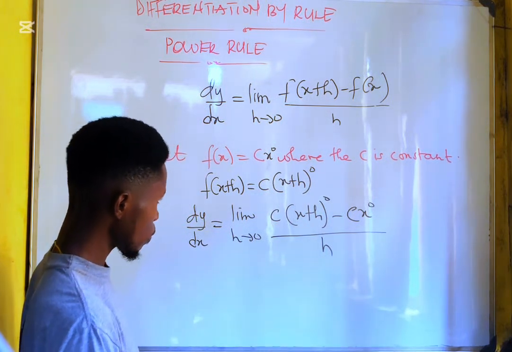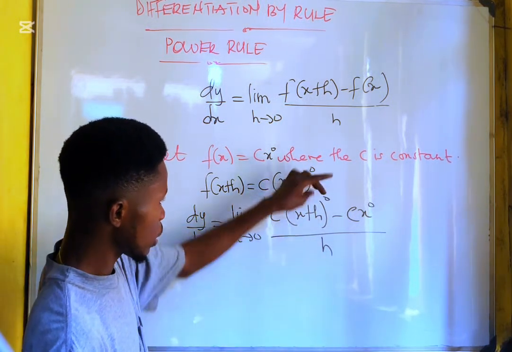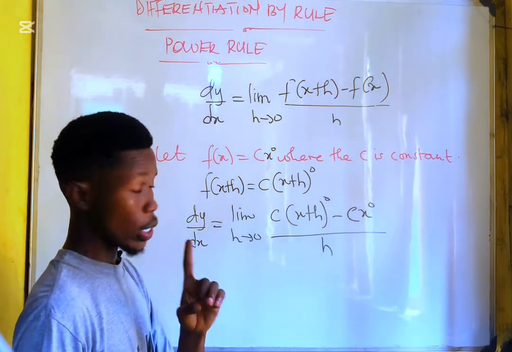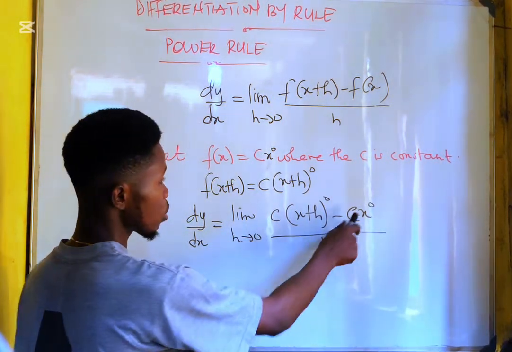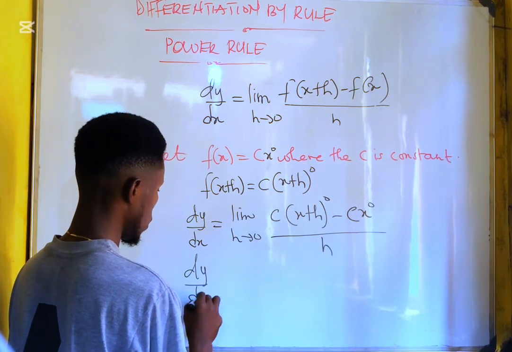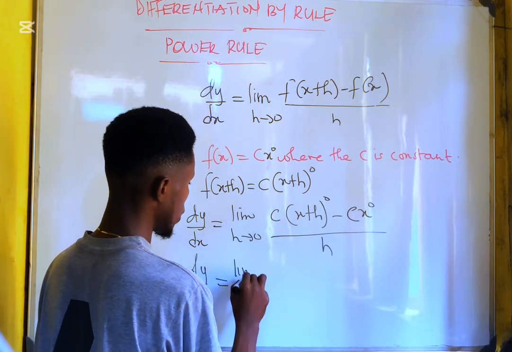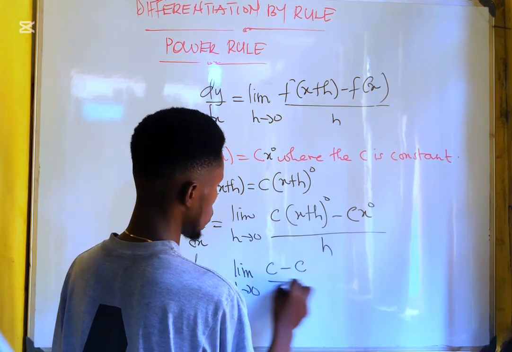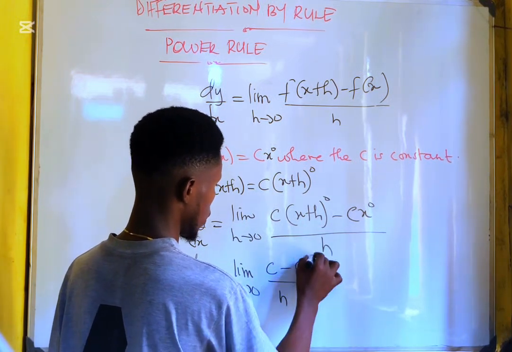Now, x plus h to the power 0 is 1. For any number except 0, to the power 0 is 1. And this one will give you 1, meaning that here I'm going to have dy/dx to be the limit as h approaches 0, c minus c over h.